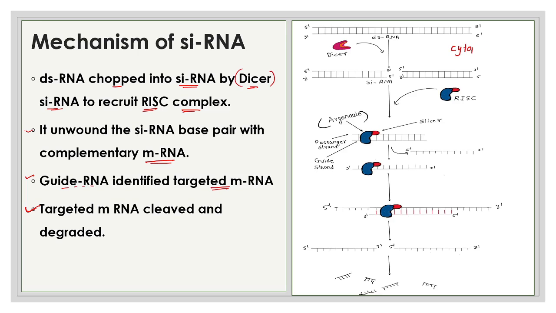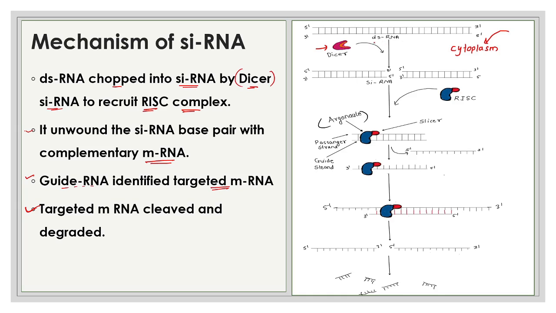If double-stranded RNA is present inside a cell, it is processed by the enzyme Dicer. When the double-stranded RNA is present inside the nucleus, it comes out from the nucleus to the cytoplasm with the help of importin and exportin proteins. This is the mechanism for transporting molecules between the nucleus and cytoplasm.